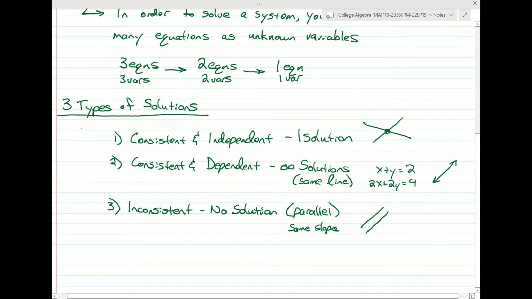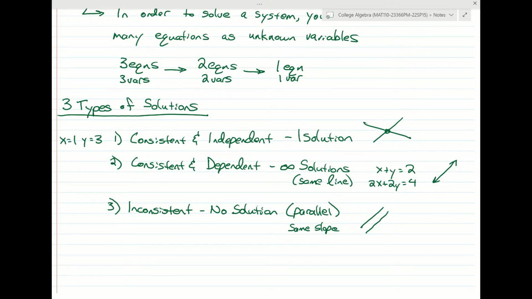When you go to solve these, sometimes the answer could look a little strange. Consistent and independent would be a normal answer, like you might get x is 1 and, I'm sorry, y is 3. That would be a normal answer. A typical answer is called consistent and independent.